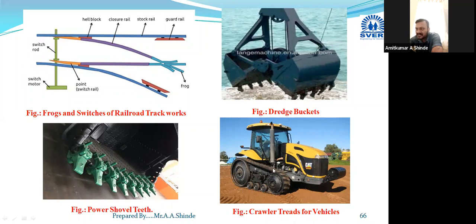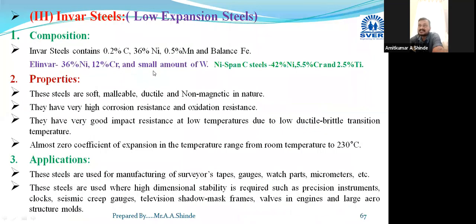With the help of this, heavy vehicles can move from one place to another. This is made of mangalloys, as are frogs and switches. So these are applications of Hadfield steel. Then we will move towards the next type, that is Invar steel.